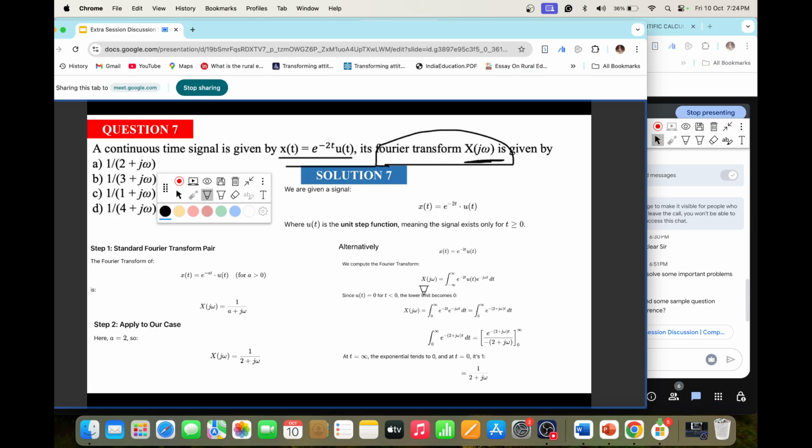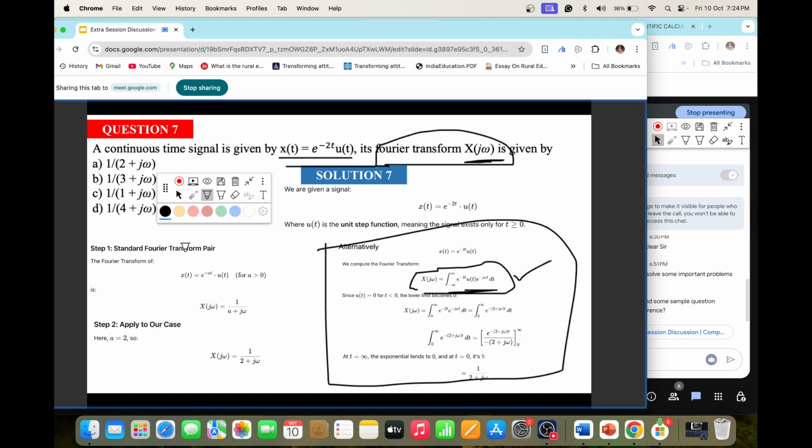Okay, so this is the total formula for how to calculate from your normal signal to your Fourier transform signal. Okay, this is how we calculate it. Just remember this formula and you can get the answer. Okay, so it's better to remember this, or if you know the special cases, then you can remember those, but better to remember this formula.